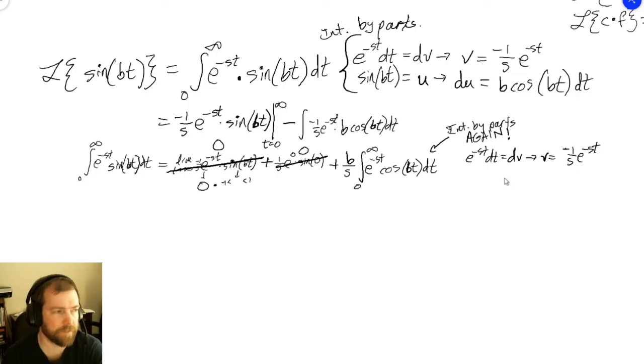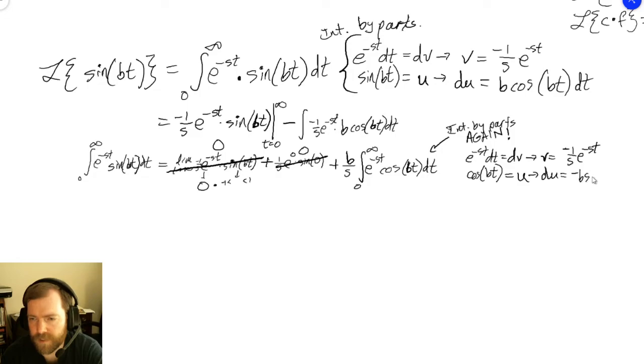All right, same thing. Then that also means that cosine of bt is going to be u, which then makes du equal to negative b sine bt dt.